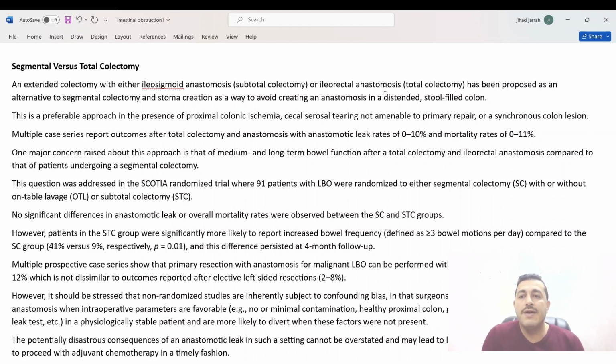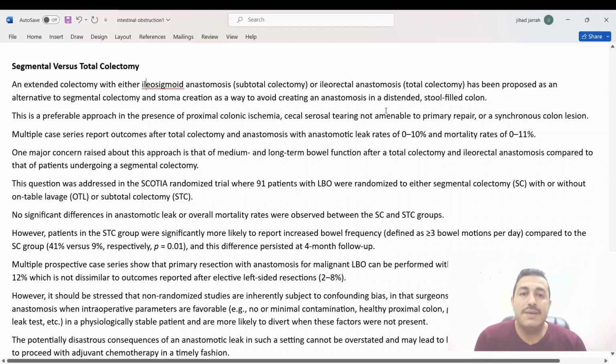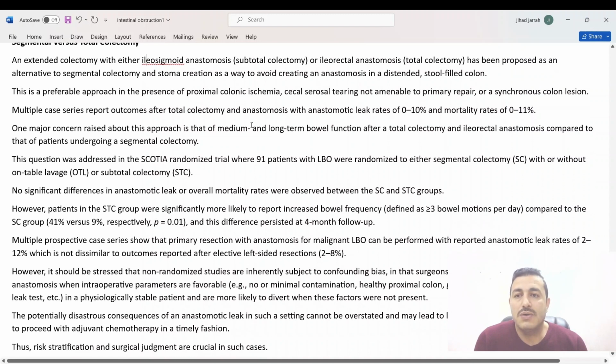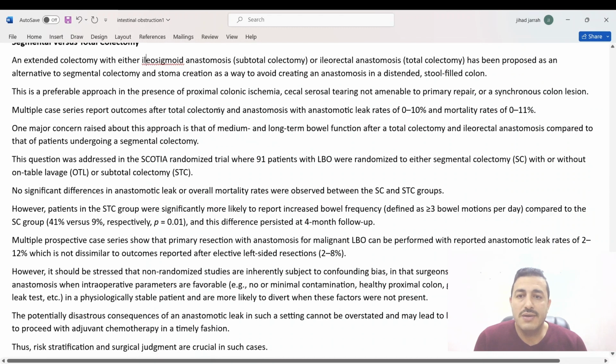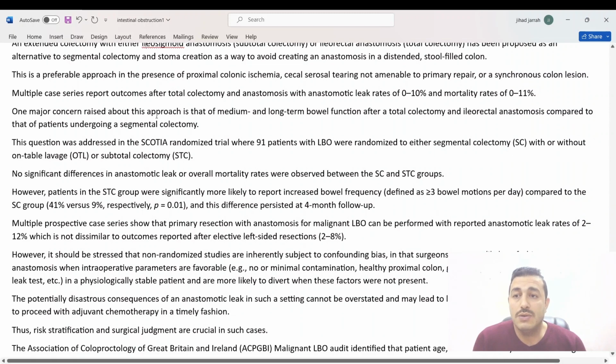They compare what is better to proceed with, total colectomy, subtotal colectomy, or segmental colectomy, regarding the ability to avoid stoma creation in patients who undergo segmental colectomy.